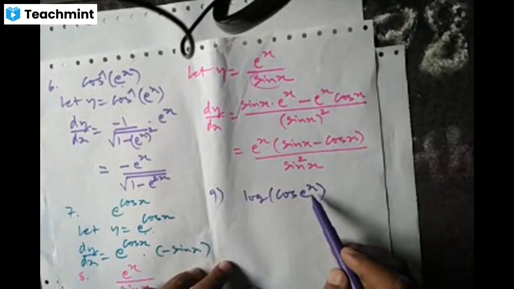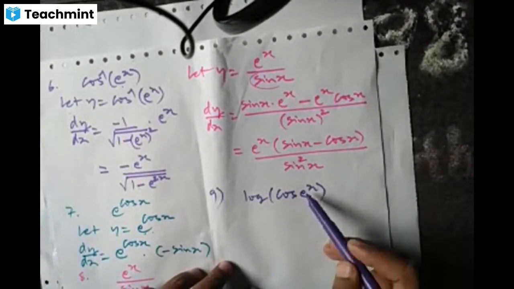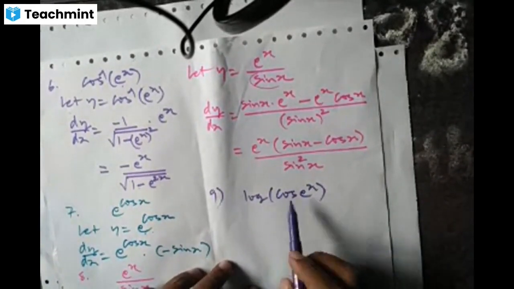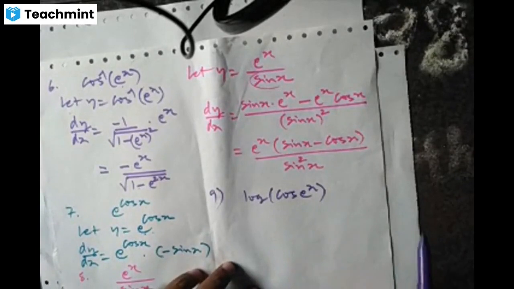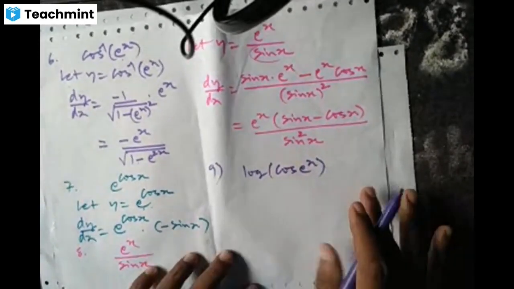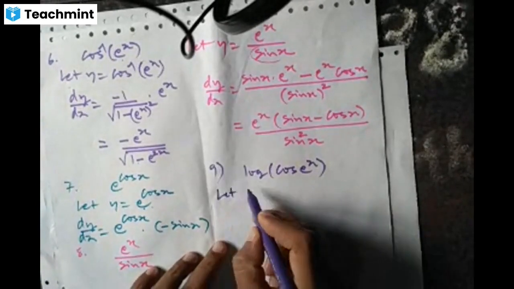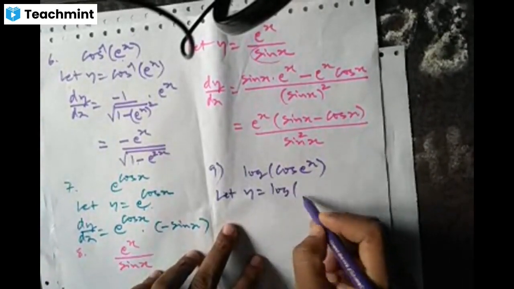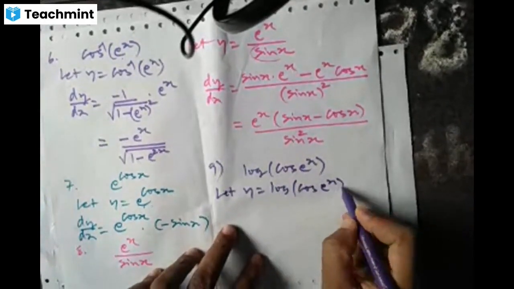One is e^x, the second function is cos x, and the third function is log x, correct? So to find its derivative, we have to use the extension of chain rule. Okay, first let us take the given function as y. Let y be equal to log of cos of e^x.